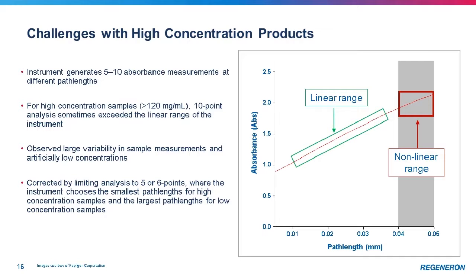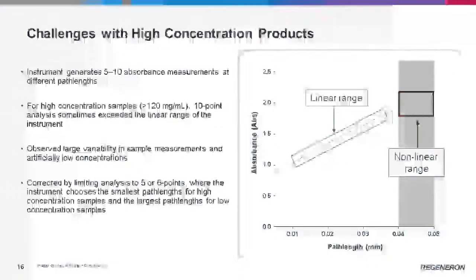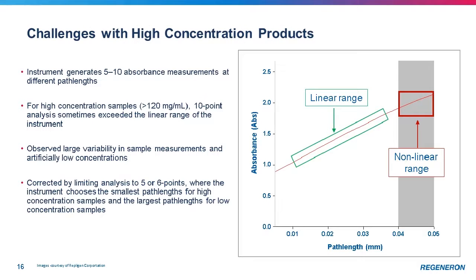We're able to correct this issue by limiting the instrument analysis to only 5 or 6 points, where the instrument is able to choose the smallest path lengths when measuring high concentration samples and the largest path lengths when measuring low concentration samples. This ensures that all measurements remain within the linear range.